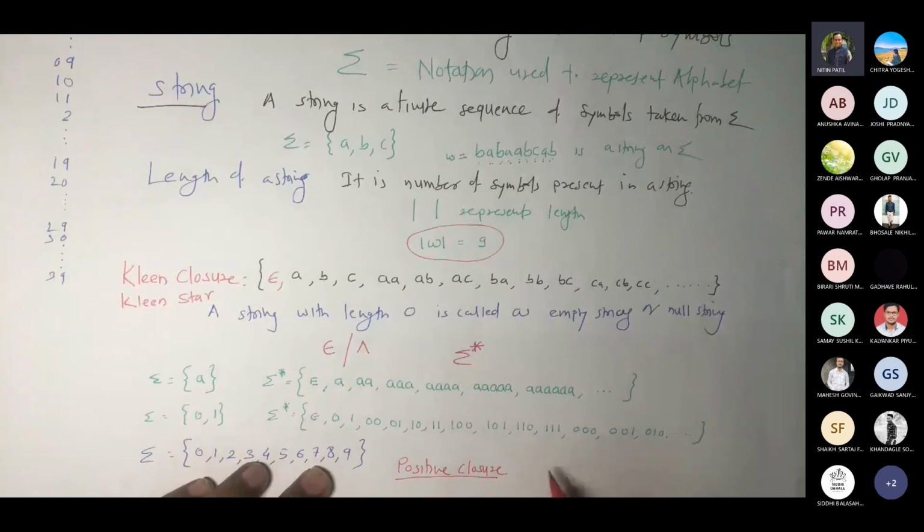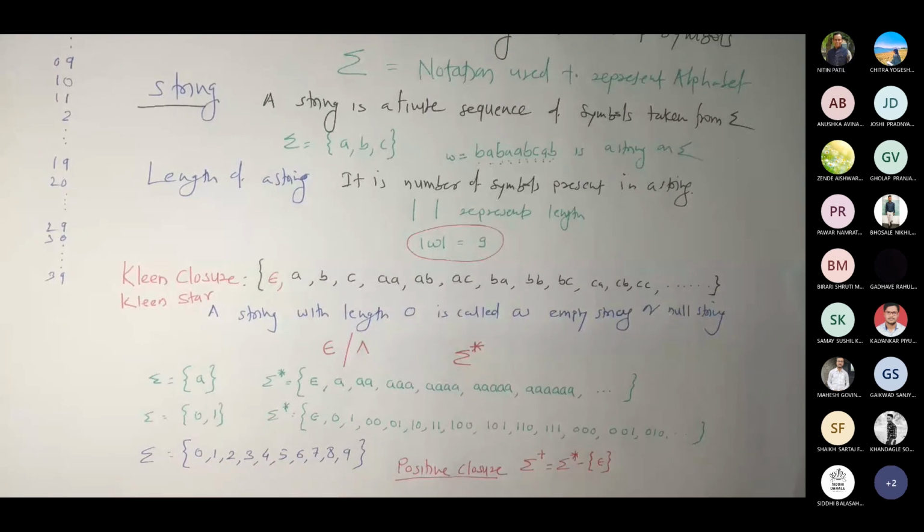This positive closure is represented by sigma plus, and it is written as sigma plus equal to sigma star minus epsilon. Correct?